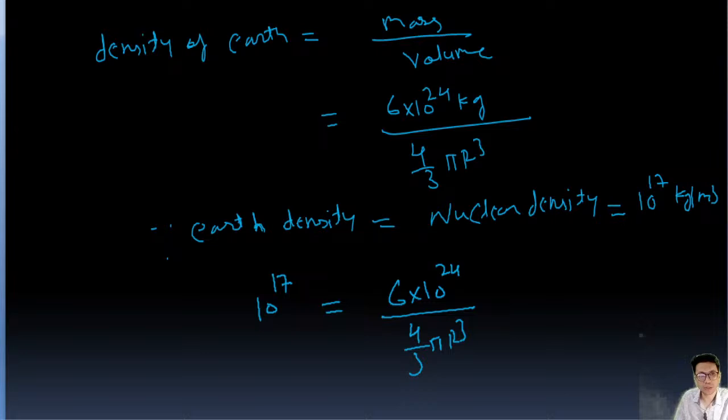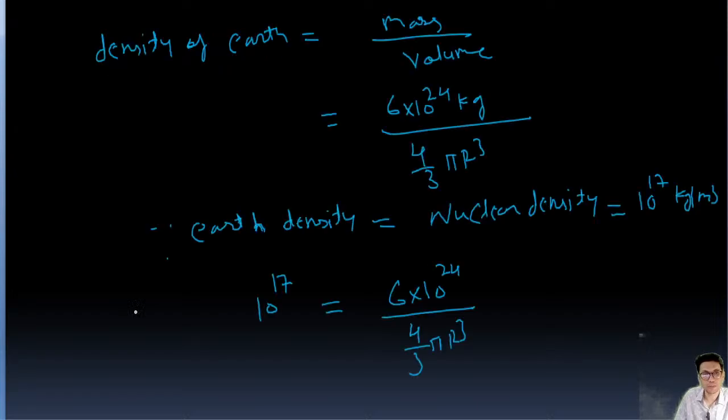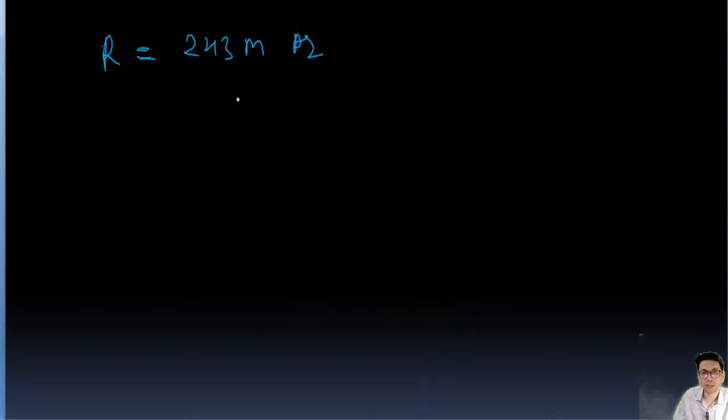From here we can find the value of r, which is going to be almost equal to 243 meter. It's simple, you just need to put the value of pi and this value and r cube, and then you will find the value of r. You can calculate it by calculator.